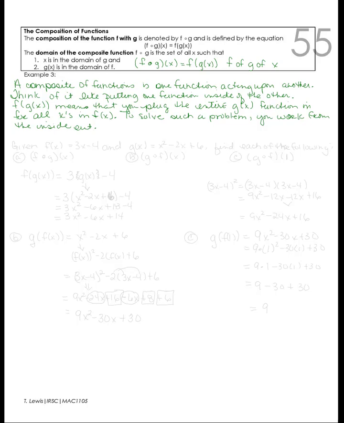Okay? All right, so example 3, we're going to do 3 things here. Given f of x is equal to 3x minus 4, and g of x is equal to x squared minus 2x plus 6, we want to find each of the following.